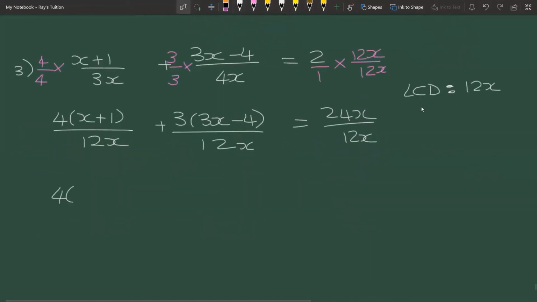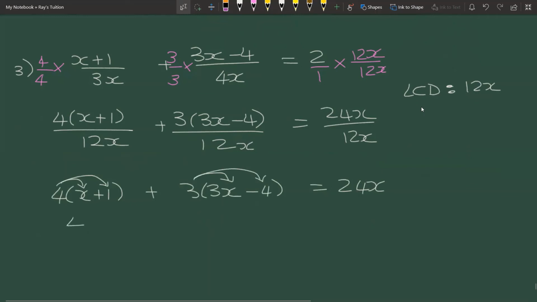So this is 4 times x plus 1 plus 3 times 3x minus 4 is equal to 24x. And then we distribute the terms in front to get rid of the brackets. So 4 times x is 4x, 4 times 1 is 4, 3 times 3x is 9x, 3 times negative 4 is negative 12, and that is equal to 24x.